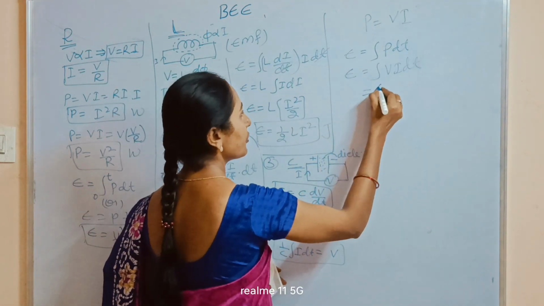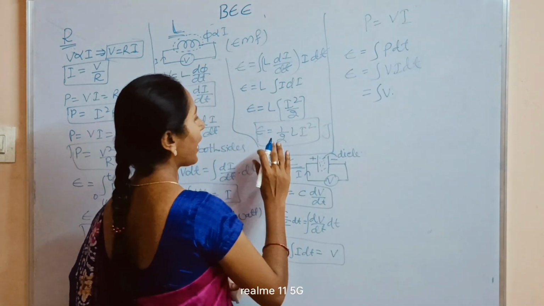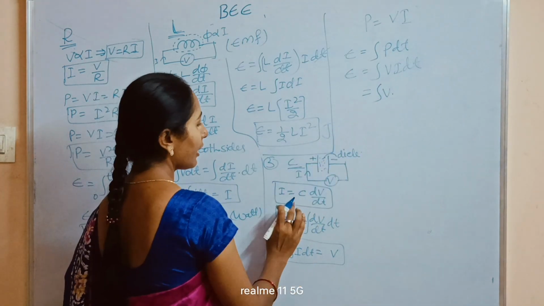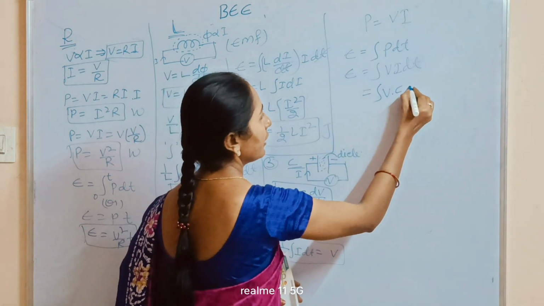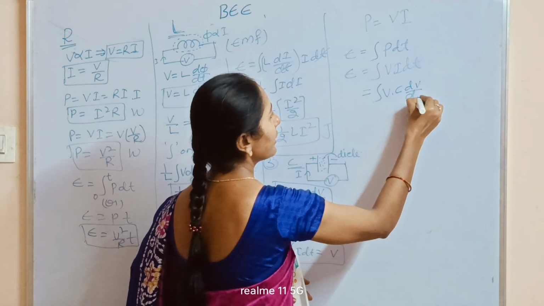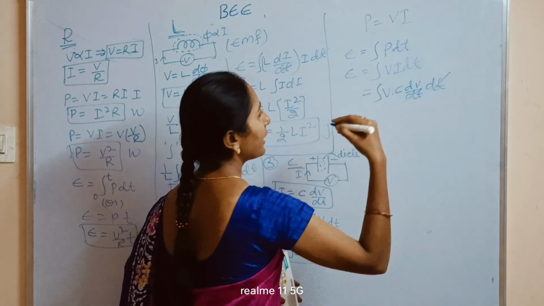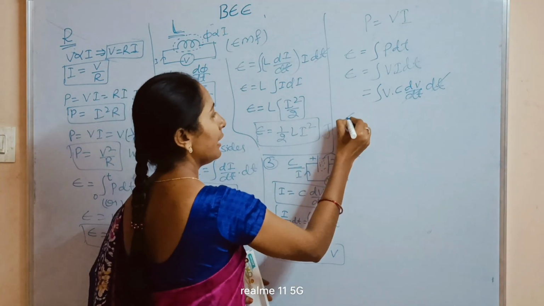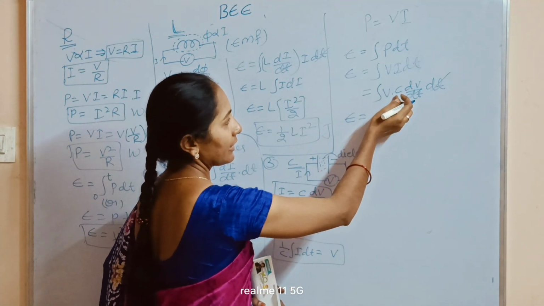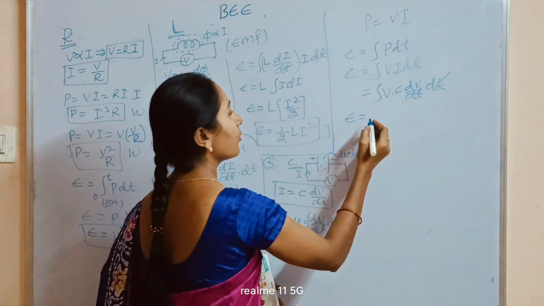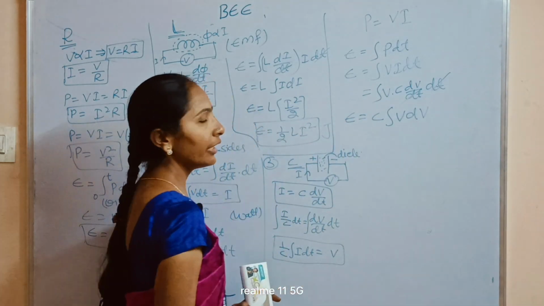Now substitute the I value here. That I value is nothing but C into dV by dt. Already dt is there, so dt gets cancelled. So now E equals integration of V, C is constant, take it outside, C into integration V dV.